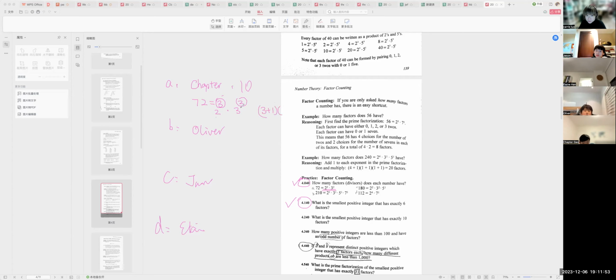And the usage of 3 to the power 2 equals what? It means 2 threes multiplied together, right? It means that in 72 there are 2 threes as a factor. So we can use 3 to the 0, 3 to the 1, and 3 to the 2. So there are 2 plus 1 possibilities. So it's 4 times 3 equals 12 factors. Understand, Chapter?